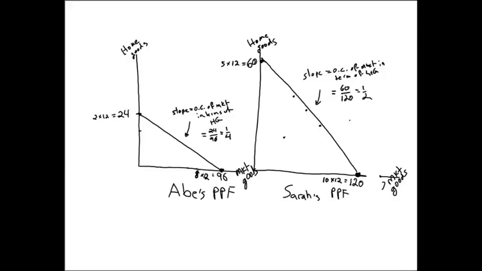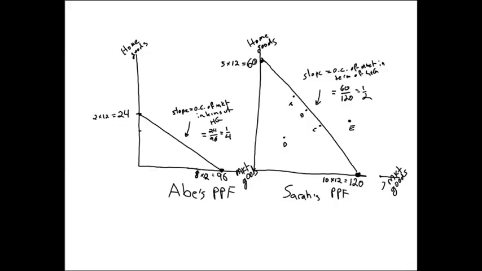And remember, of course, that points outside the production possibility frontier are points that are unattainable. So let me go ahead and label these points. So points A, B, and C, these are all efficient in terms of production. Point D is a point that's inefficient, and point E is a point that is unattainable.